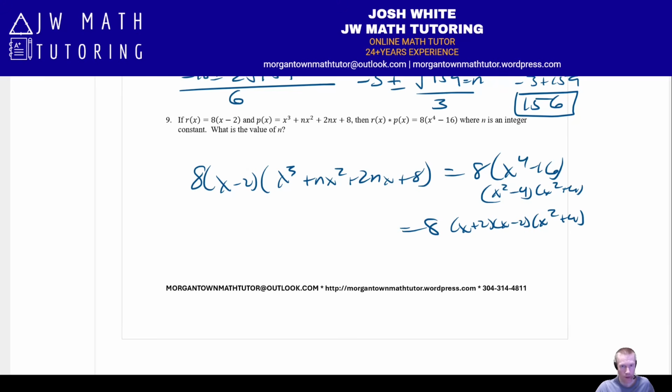So on the left side, we have 8 times x minus 2 times x cubed plus nx squared plus 2nx plus 8. Notice what we have here. This and this match, and this and this match. So that means that this thing must be equal to this times this.